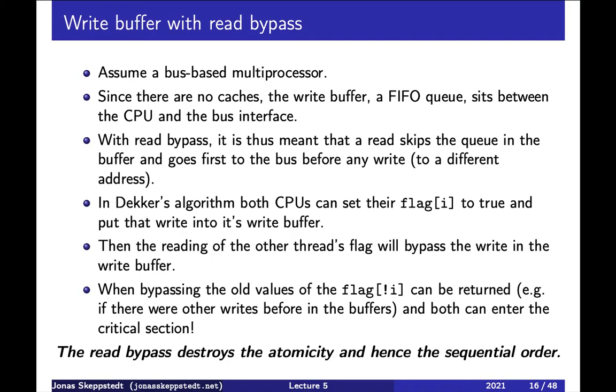And what will that lead to in Dekker's algorithm? Well, the first thing that happens is that both CPUs set their flag to true. Okay, and if this FIFO queue was empty, then these writes would go directly to memory and everything would be fine.